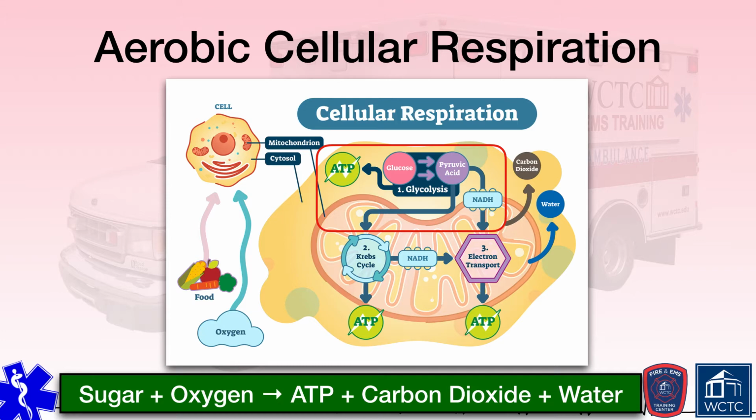Thus, while 4 ATP molecules are produced, 2 molecules of ATP were needed for this process, resulting in a net production of 2 molecules of ATP through the glycolysis stage of cellular respiration. This process is actually a little more complex than mentioned here, but this summary is adequate for our purposes.